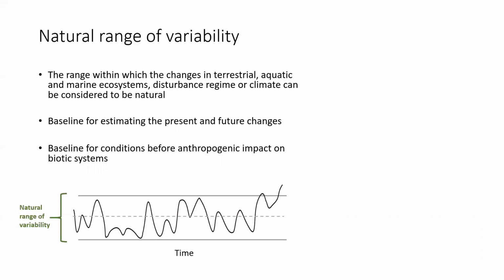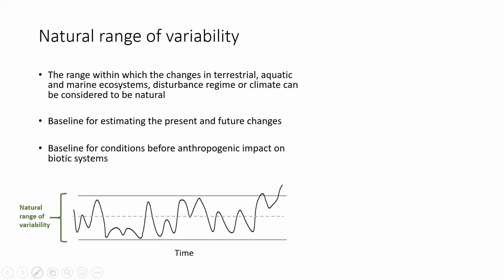Or we can just look at how the climate has changed and how the vegetation or the forests have changed, and then make an interpretation of how the possible warming temperatures might affect the forest and so on. So basically, we get this kind of a natural range of variability.